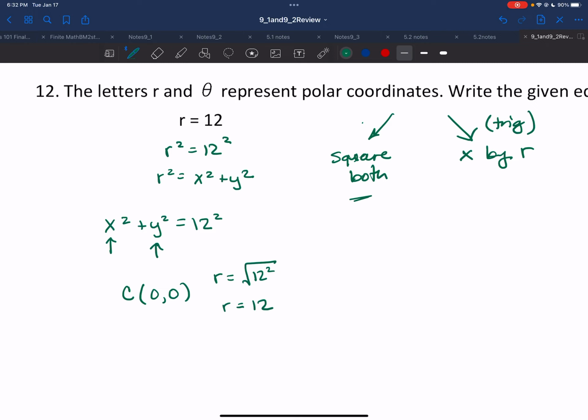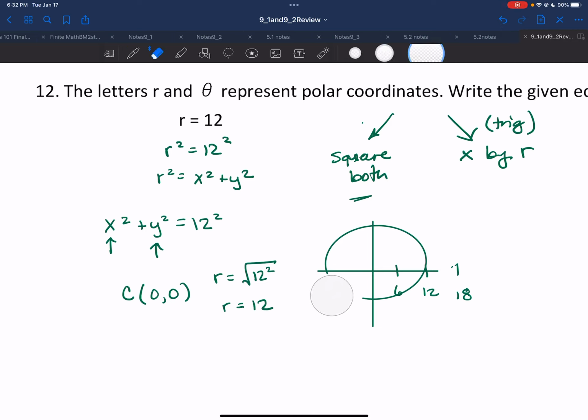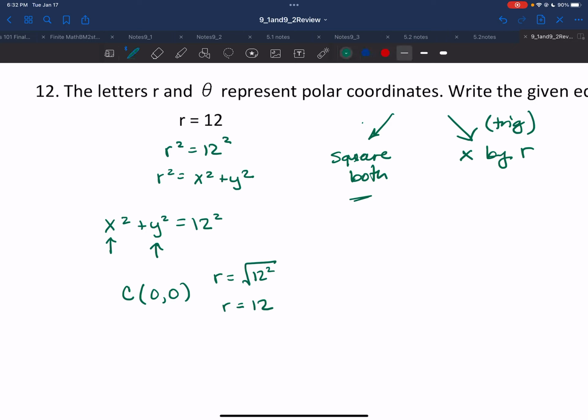So this would actually graph out as a circle. Let's call this 6. Let's call this 12. Let's call this 18. A circle with a center at, sorry guys, that gave me like an ellipse there. So how would I draw it first?